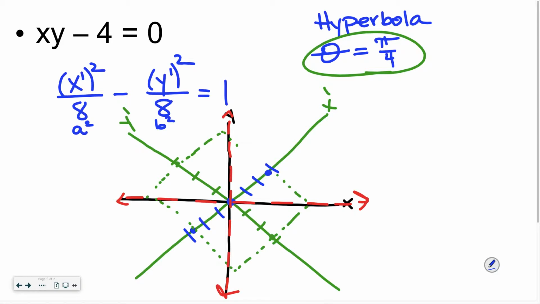So then we can take our vertices and approach said asymptotes. Then if you turn your paper back to normal, you see that we have a horizontal hyperbola that got rotated 45 degrees.